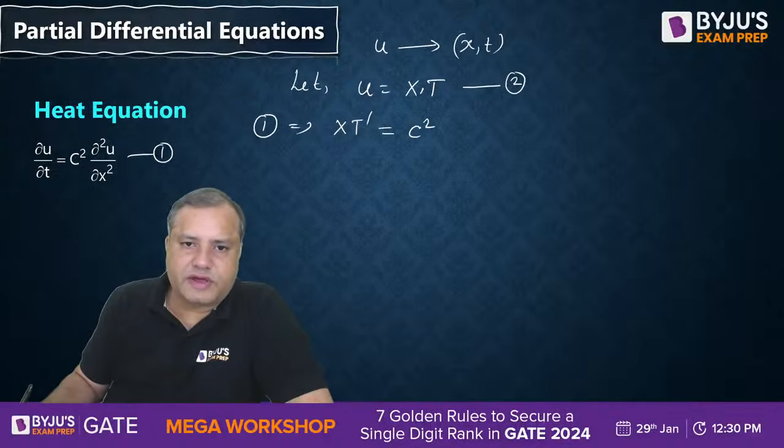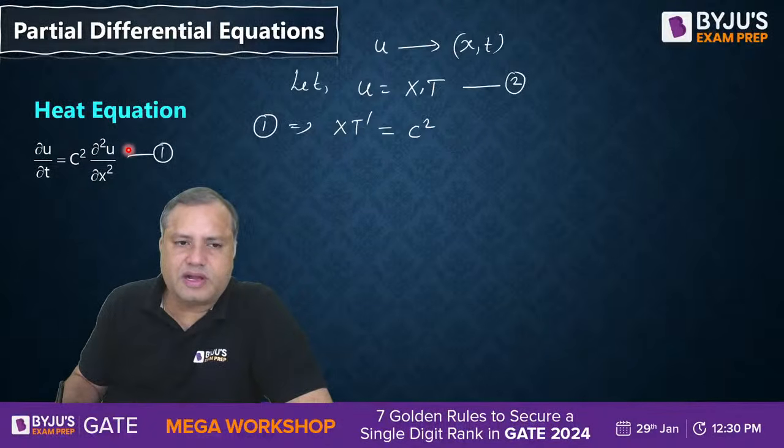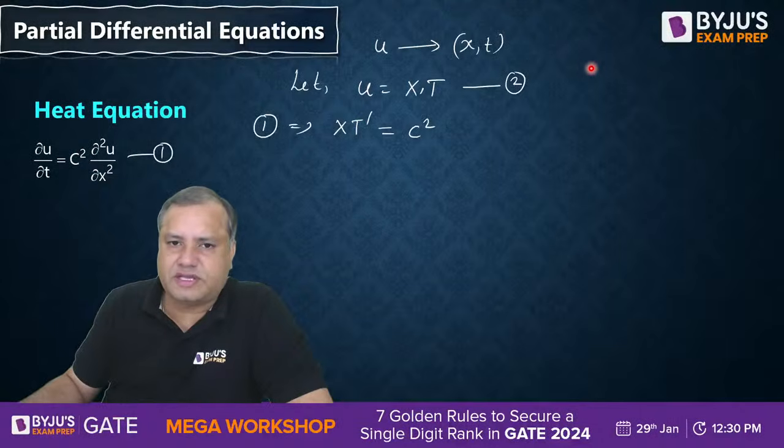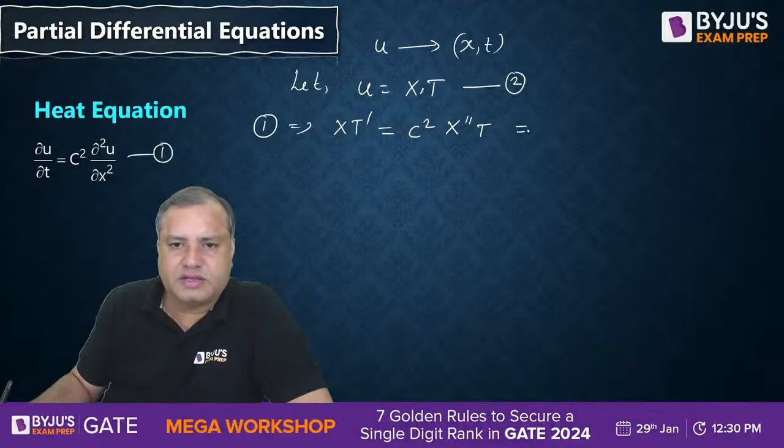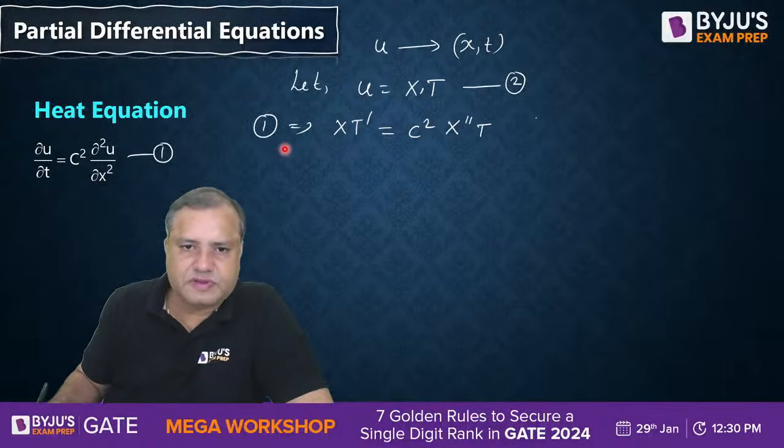Equal to c square del square u by del x square, double derivative with respect to x. This will be x double dash t, and this is equal to k. Just a moment, we'll separate the variables first.